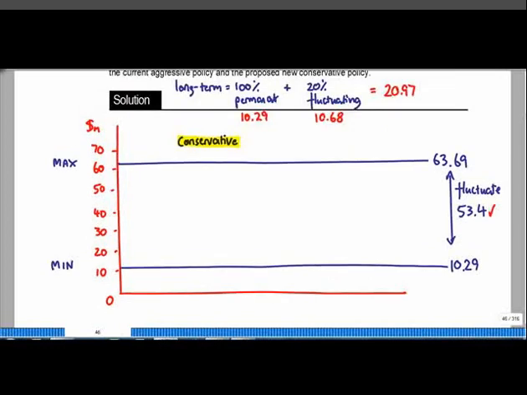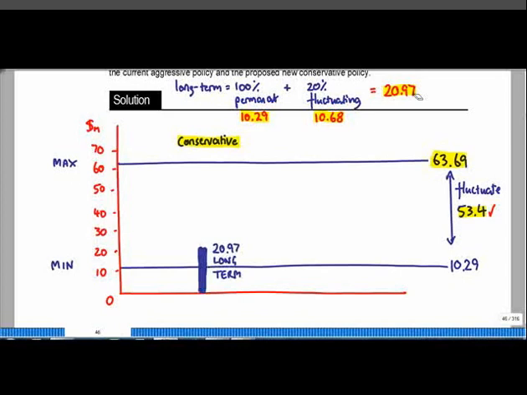So with the conservative approach, we're told that 100% of permanent net current assets will use long-term funding, plus 20% of the fluctuating, which we know is 53.4. 20% of that is 10.68. So our long-term finance will be 10.29 plus 10.68, 20.97, and we can mark that onto the diagram.